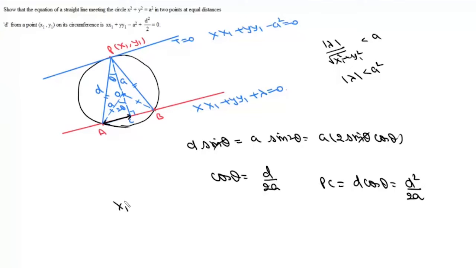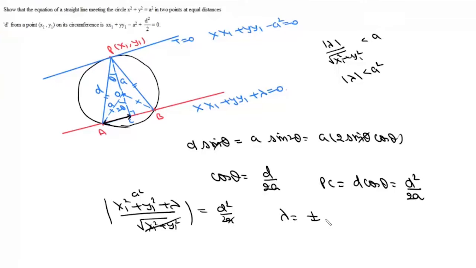So it will be mod of x1² + y1² + λ upon under root of x1² + y1² equal to d²/2a. Now this is a and a will cancel. This is a². So the value of λ is ± d²/2 − a².